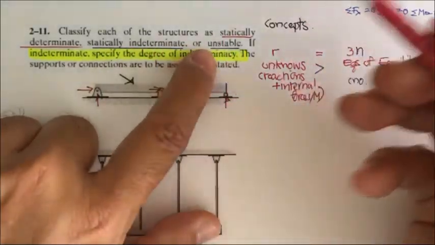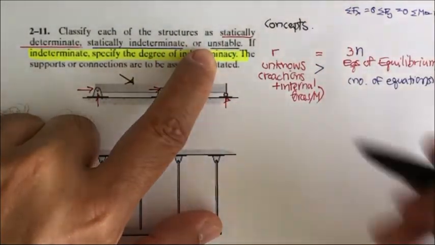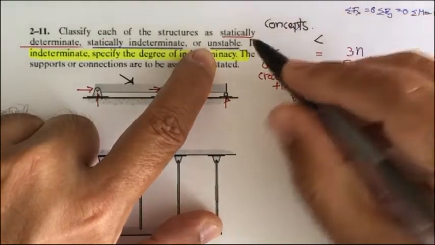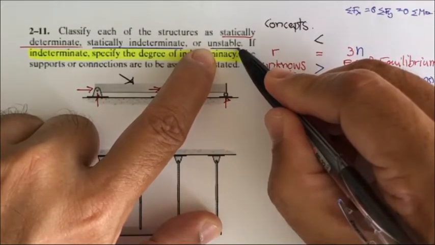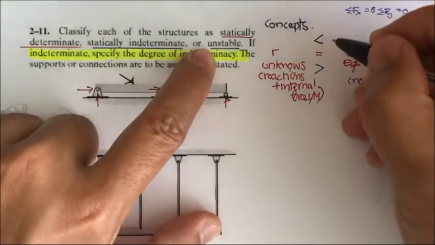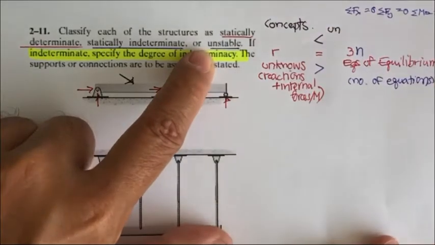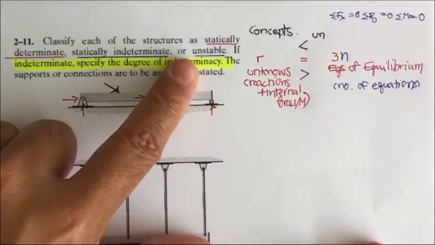And if R is less than 3n, the structure is going to be unstable. Anyway, the unstable case can also be separated into 2 conditions.